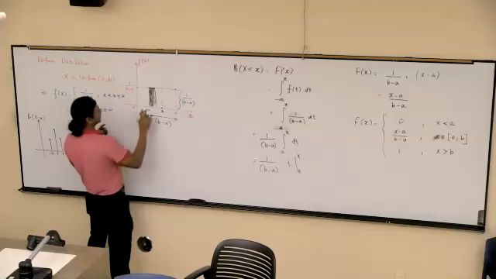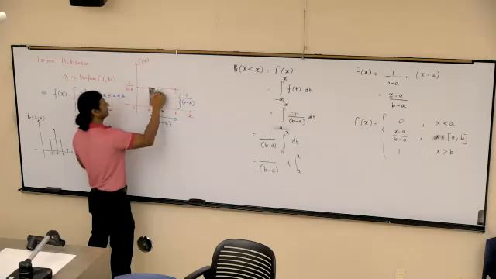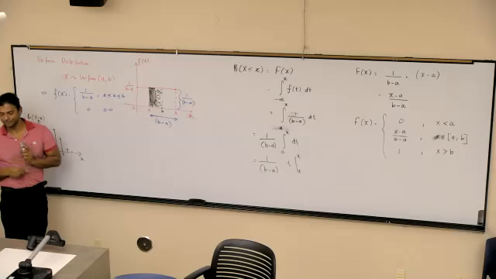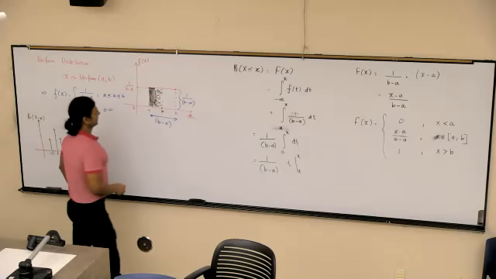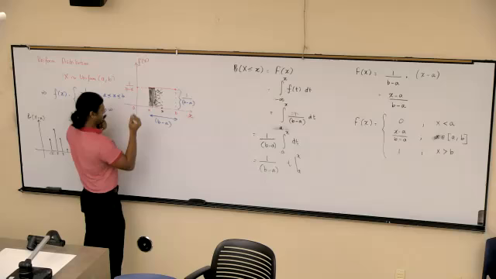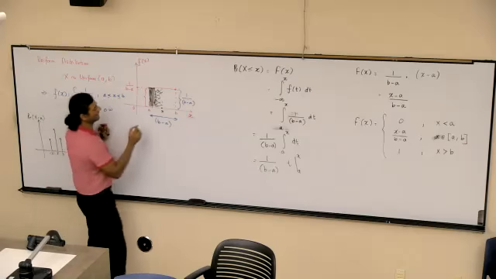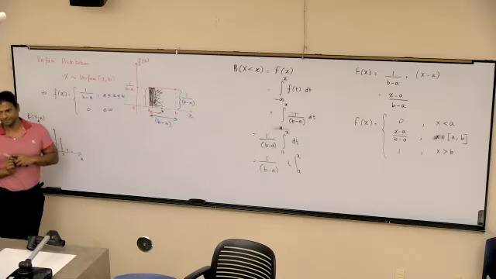Now, I could have gotten that formula by looking at that rectangle. The height is still the same, 1 over b minus a. What is the length? x minus a.